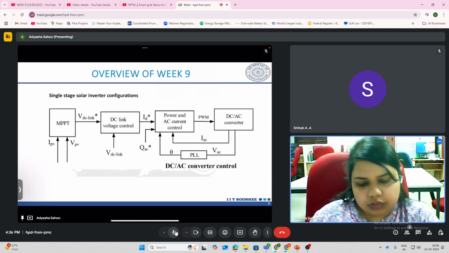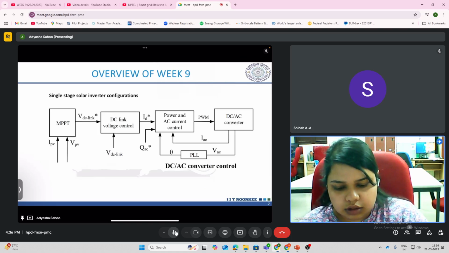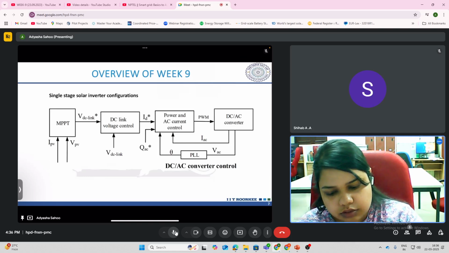Now, in the single stage solar configuration, how it is being done, we'll see that. For that, we have this MPPT module.